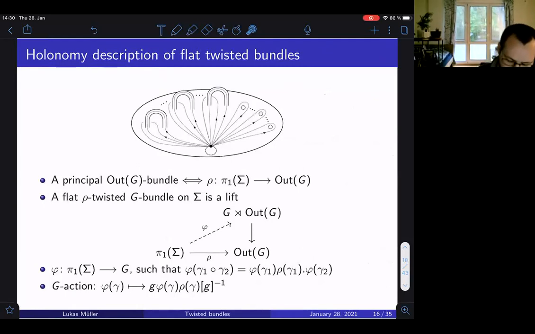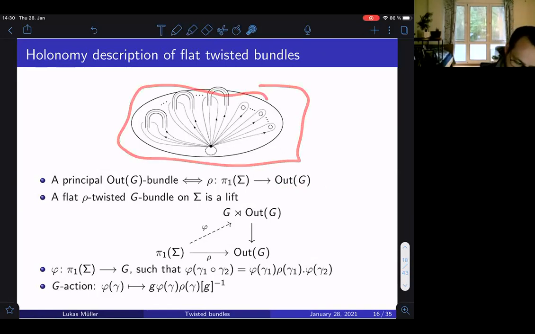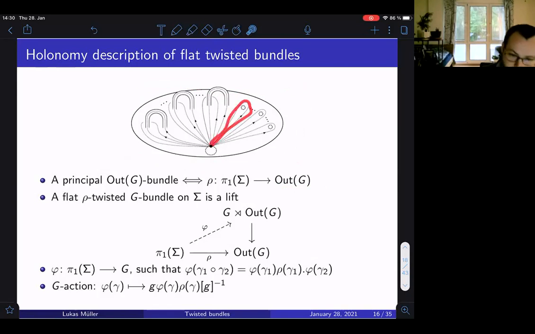First, the Out(G) bundle we use to twist is just described by a group homomorphism from pi1 to Out(G). Here's a picture of a surface, and pi1 is generated by all these loops you can see here. So this just assigns an outer automorphism to every loop.